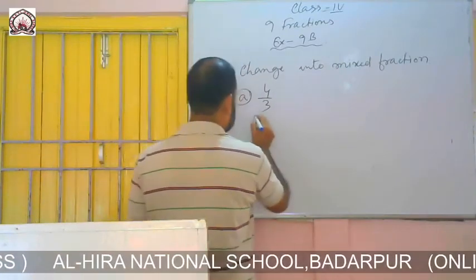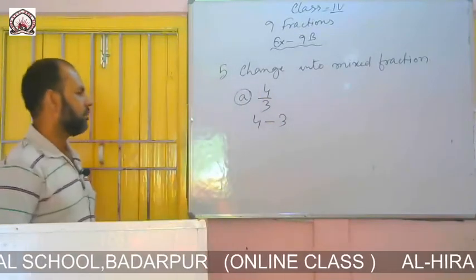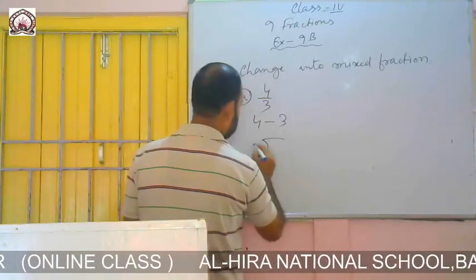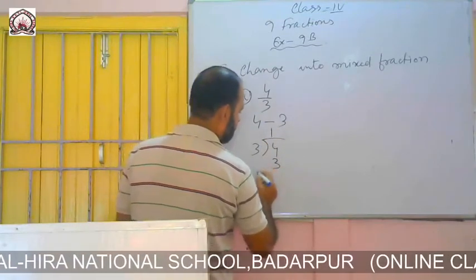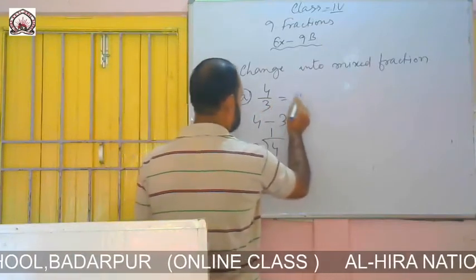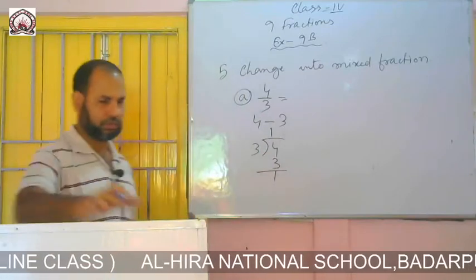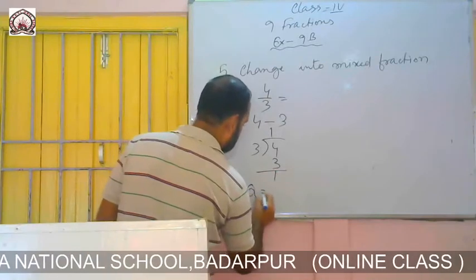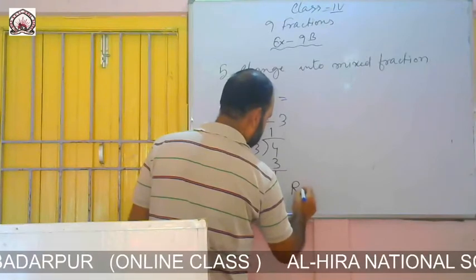First we divide 4 by 3. 3 1 is 3, remainder 1. So for the mixed fraction, here the quotient is 1 and the remainder is 1.